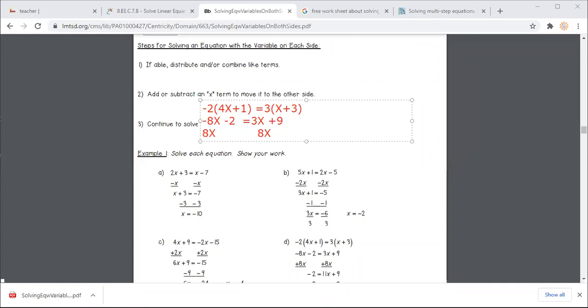Then we will cancel now negative 8 and positive 8 together. Then what is the result?